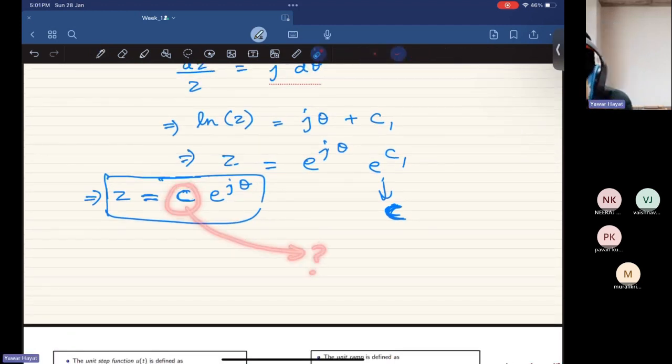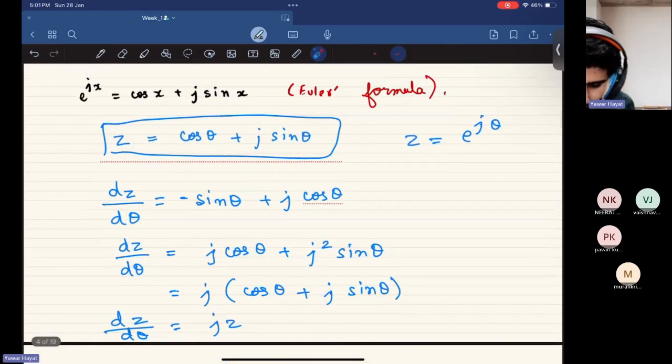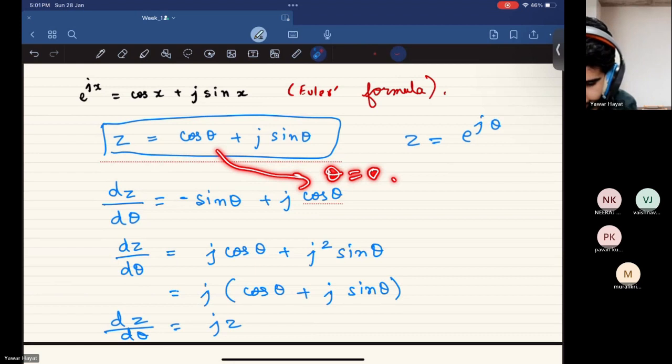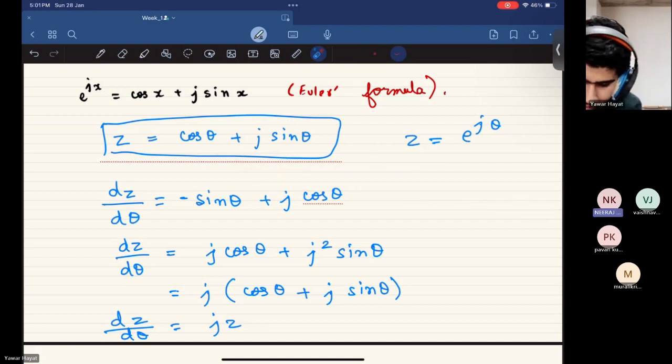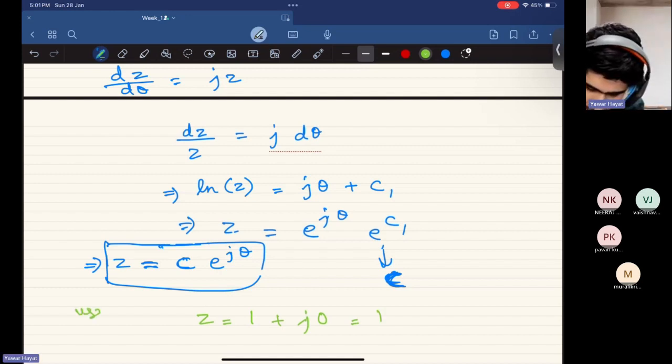What can we comment about this c? What if we use theta equal to 0? Then z is 1 plus j0, that is 1.